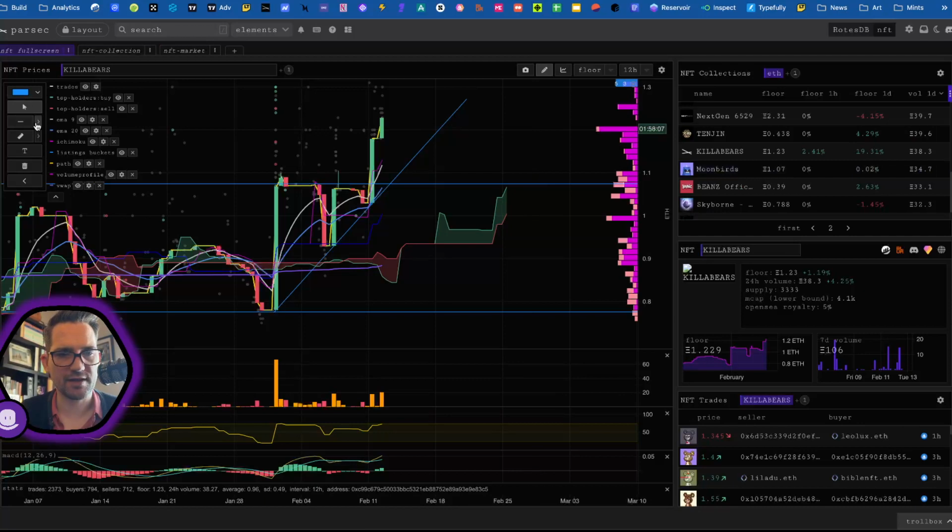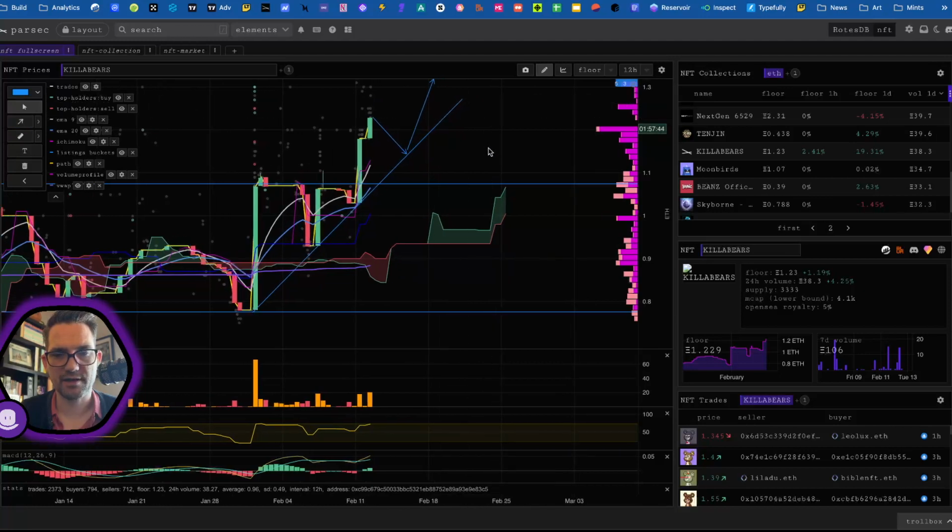What I would look at on this one is a bit of a pullback, maybe as low as this support, and then another leg up.